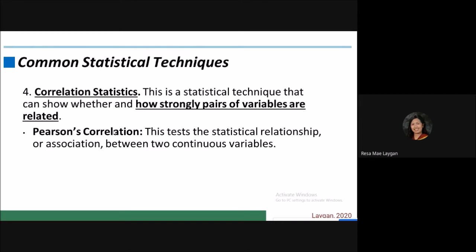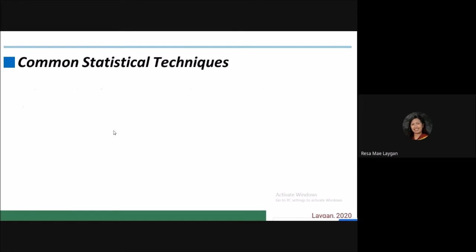If there is no limit or category in determining the age, then you can use age as a continuous variable, for example, 16, 17, 18, and so on. If you obtain the age using categorical data, for example, old or young, then you may use the Spearman rank test. Here, it is applicable for the continuous variable. And lastly, we have the regression analysis.